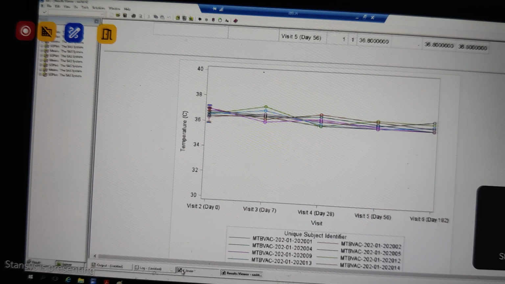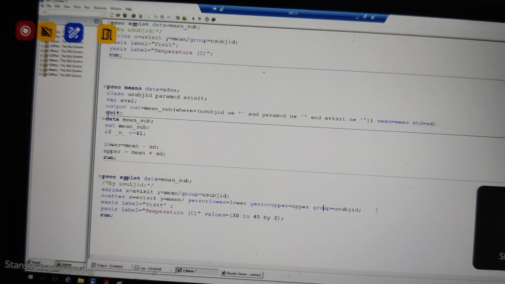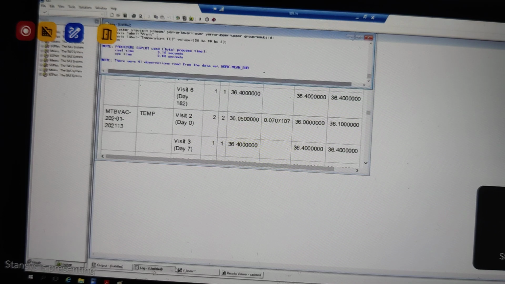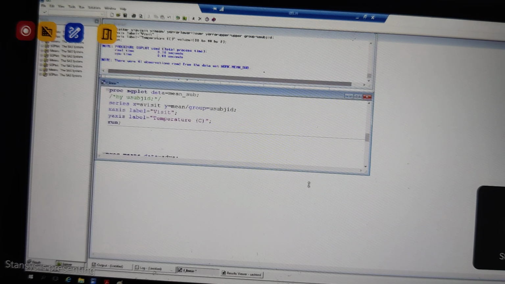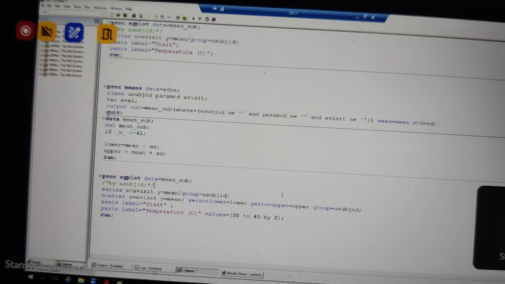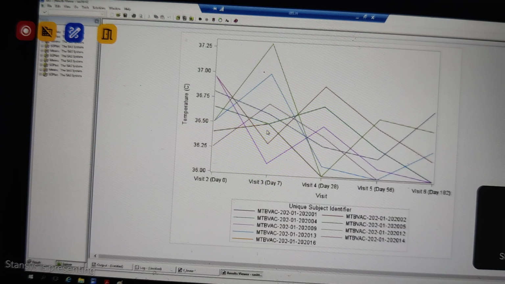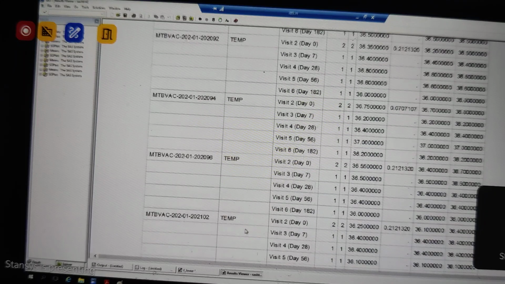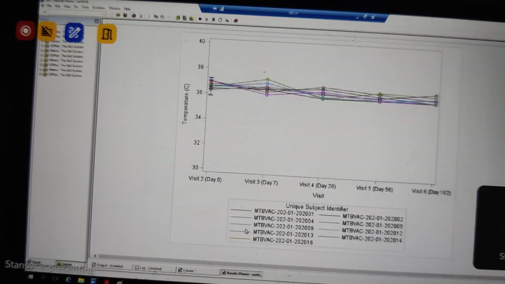Here for the same subject-wise, we have taken group by subject ID, and then the lower value and upper value for the particular visit. Here the values we are taking are on the temperature values. That will look like this, not this one. Where is that? Yeah, this is the one.